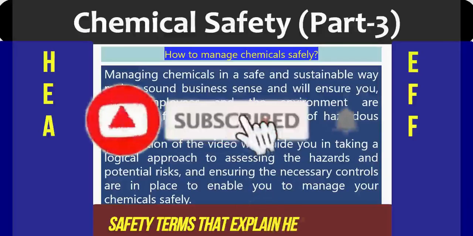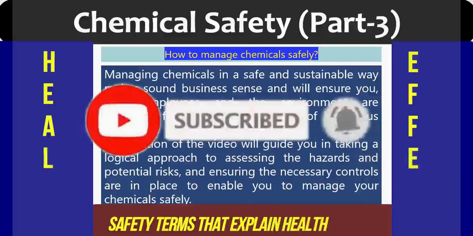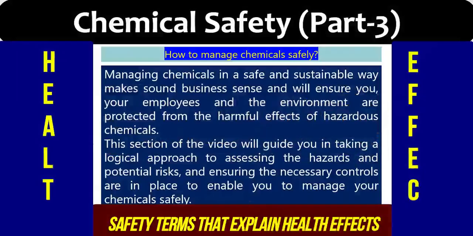This section of the video will guide you in taking a logical approach, assessing the hazards and potential risks, and ensuring the necessary controls are in place to enable you to manage your chemicals safely. This is an important part, and everybody who is utilizing chemicals, storing chemicals, handling chemicals, or transporting chemicals should understand how to manage chemicals safely at work.